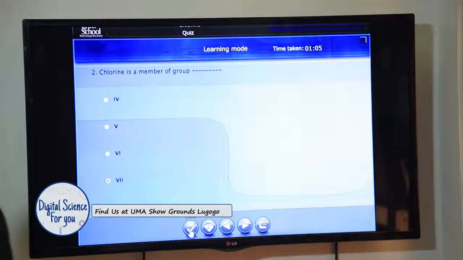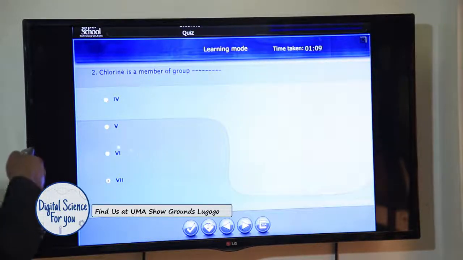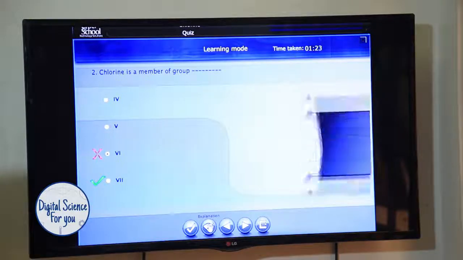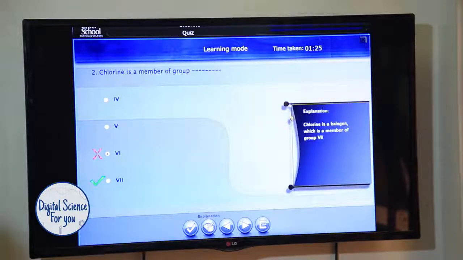However, if you don't know the answer and you check, let's say the answer is group 6, the software will tell you that your answer is wrong while giving you the right one, and then you can also check the explanation. Isn't this wonderful? This is as far as learning mode is concerned.